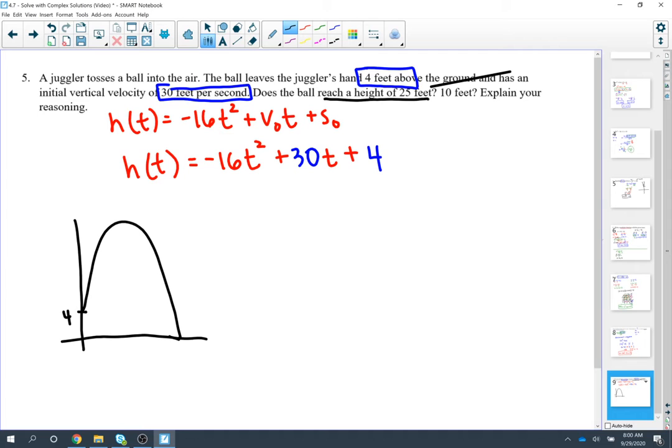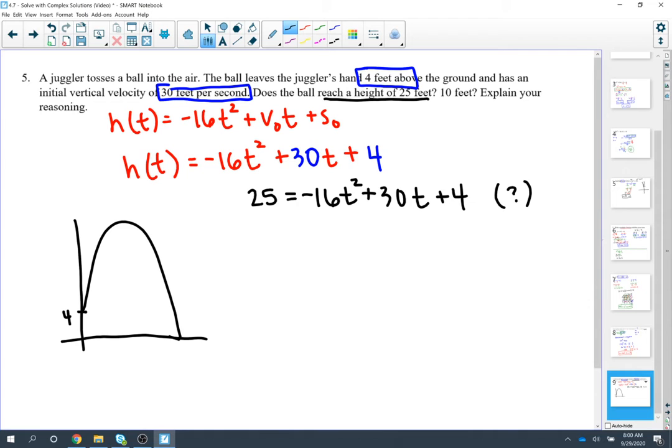Meaning, if I look at that as an equation, and I want to know if it makes it to 25 feet, I would come over here to my h of t, and I would say 25 equals negative 16 t squared plus 30t plus 4. Is this going to happen? I can put a question mark.